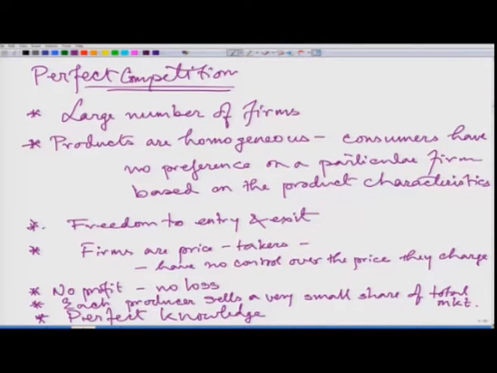Similarly, the producer has perfect knowledge of how much the consumers are willing to pay, and how many consumers I can get. If I lower my price, how much am I going to get and how much am I going to lose? If I increase my price, what will happen, what others are charging. So they have every single piece of information about the market. That is perfect knowledge about the market.